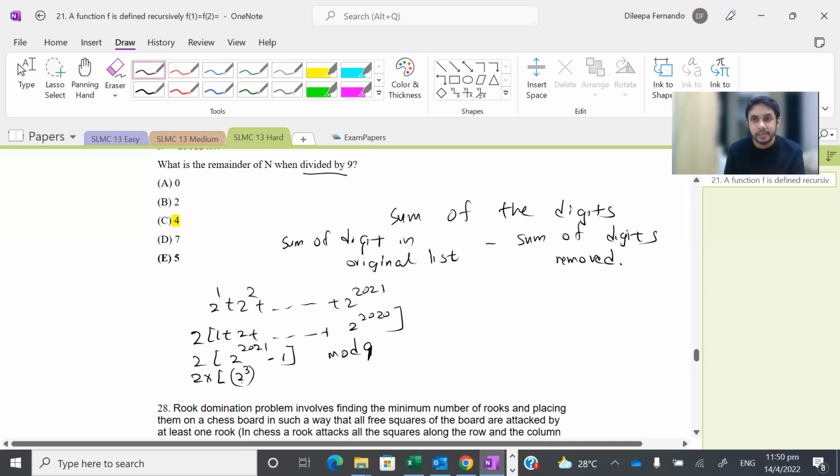And 2021, when you have 2021, we need to consider the closest multiple of 3, which is 2019. So 2021 can be arranged as 3 times 673 plus 2, so 2 to the power 2021 is 2 to the power 3 times 673 into 2 to the power 2. Not 9.